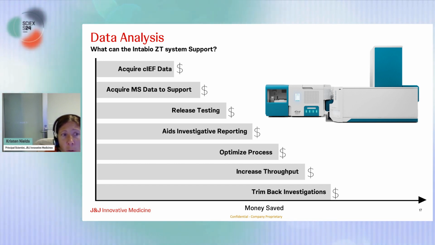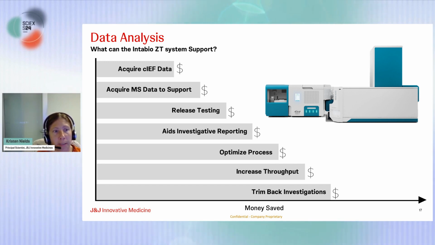So the advantages of acquiring more information. We are acquiring more CIF data, which helps us in the long run, especially with MS data to support that. We can advance on release testing, and where the bang for our buck comes in is really aiding investigative reporting.